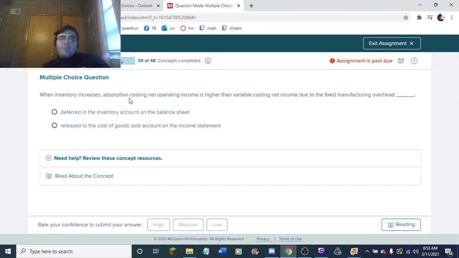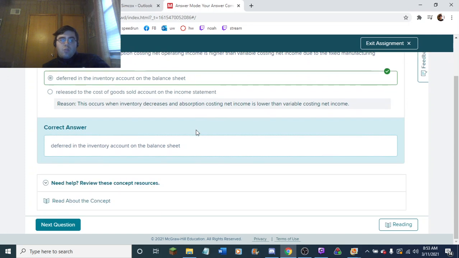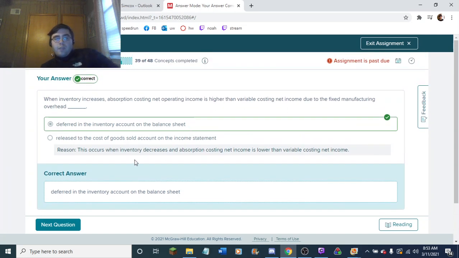When inventory increases, absorption costing net operating income is higher than variable costing net income due to the fixed manufacturing overhead. I don't know. So deferred fixed manufacturing overhead is deferred in the inventory account on the balance sheet. I don't even know what that means. This occurs when inventory decreases.